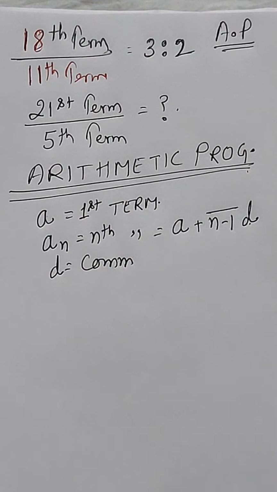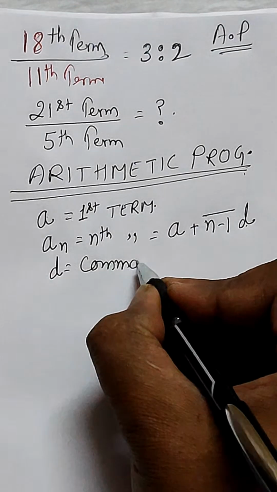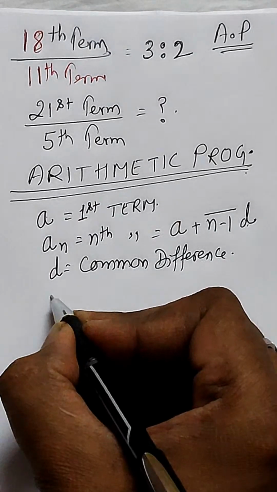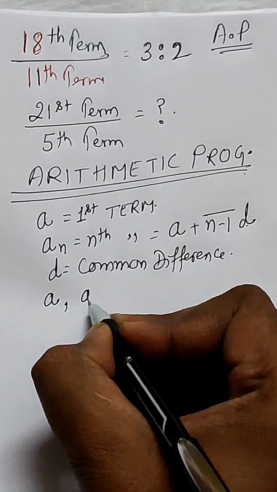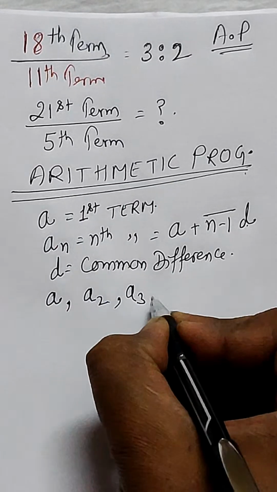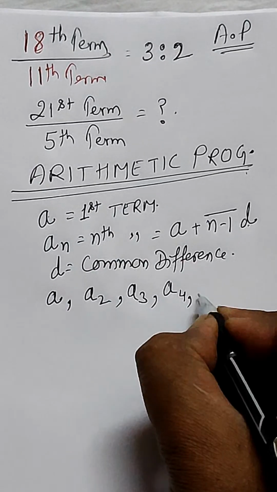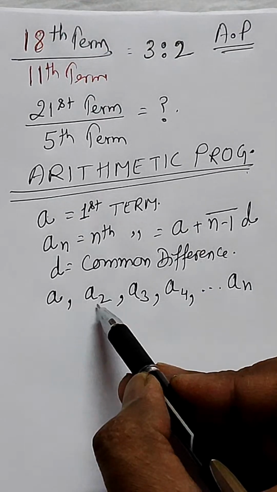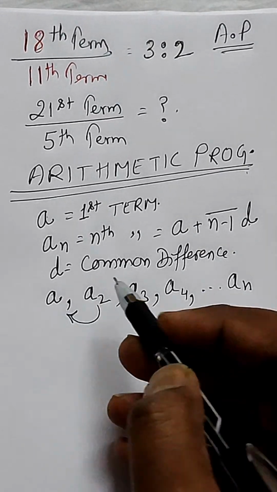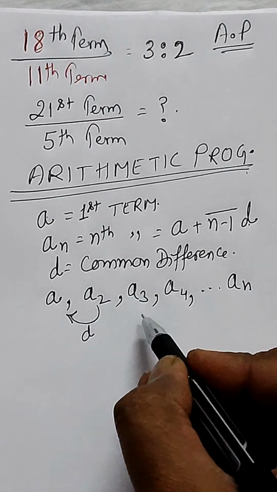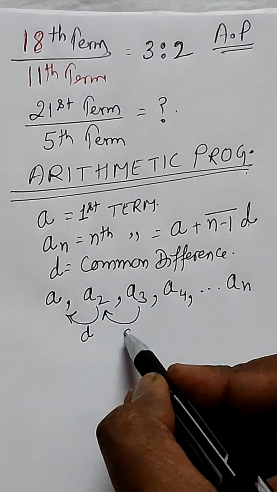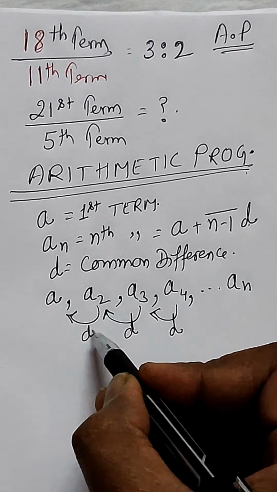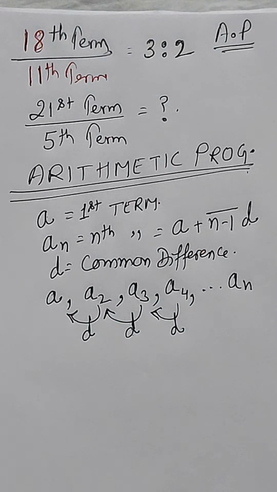I mean to say that if a1, a2, a3, a4, like that till an is the AP, then the difference between any two successive terms will give you d, the common difference.